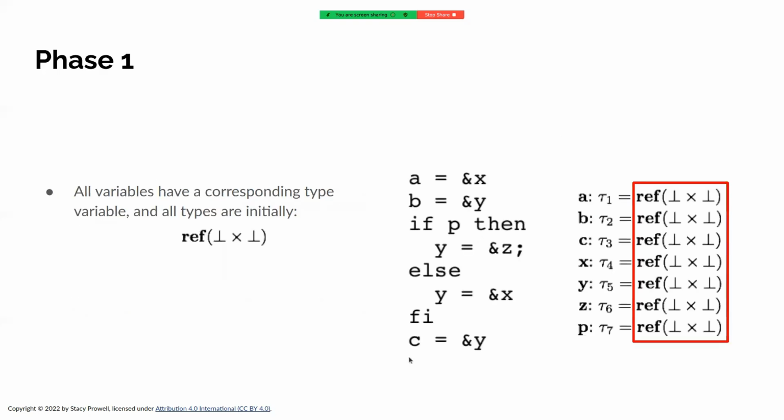So phase one says everybody gets their own type. Done. So here are the variables in the program. There are 7 of them, A, B, C, X, Y, Z, and P. And they all get their own type. Tau 1, 2, 3, 4, 5, 6, and 7. And initially, I just say, you know what? It's a reference to some primitive thing. That's it.